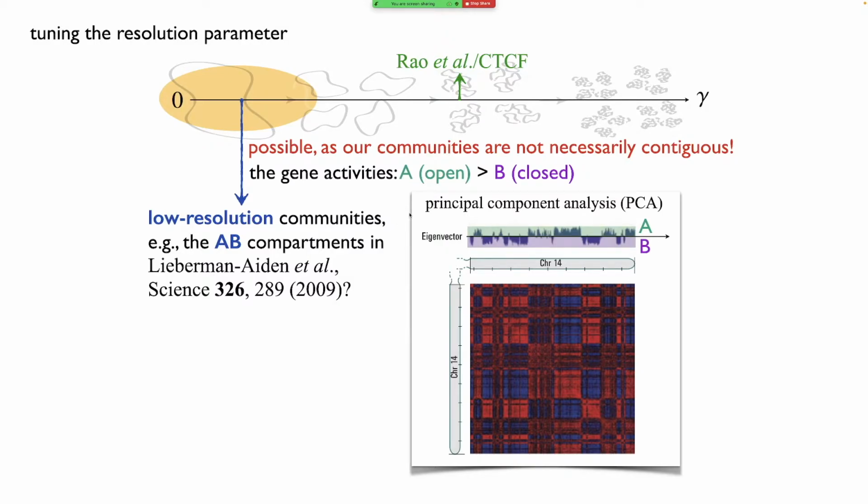But if you detect the communities for very low resolution, or with very low values of gamma, can you recover this A-B compartment separation as well? It's of course possible in principle, because the A-B compartments presented in this paper are non-contiguous checkerboard patterns, and our method in principle can detect such a checkerboard pattern as well. That is something that cannot be detected with many conventional TAD finding methods, I have to emphasize.